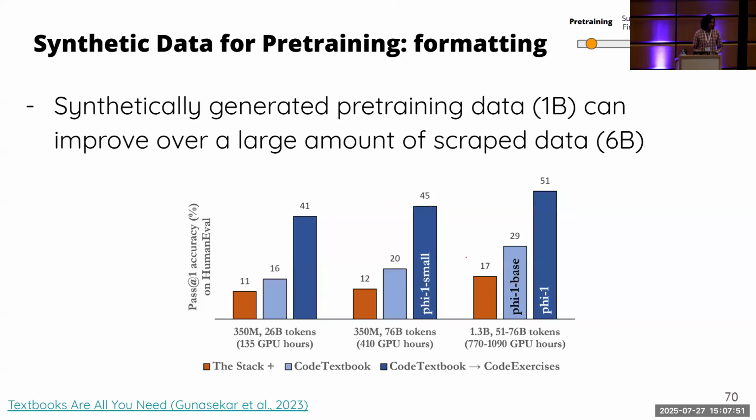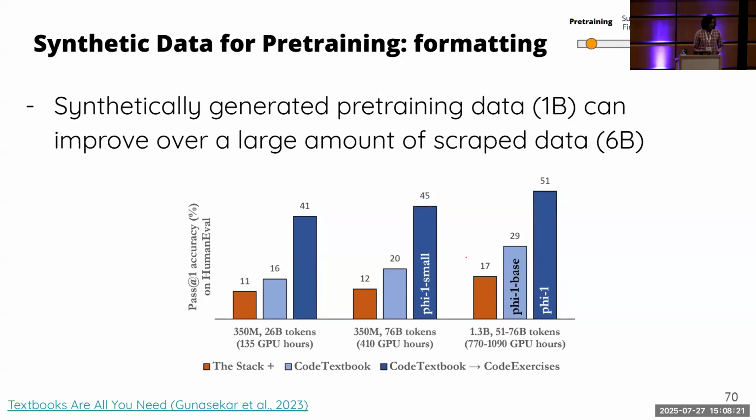And this approach helps significantly on top of just general scraped data. So they started with 6 billion tokens of data scraped from the internet, and then they added 1 billion tokens that were code snippets from Stack Overflow and other places on the internet, rephrased to look like natural language. And even though this new data was 1/6 of the size, it improves few-shot accuracy on HumanEval by almost double.